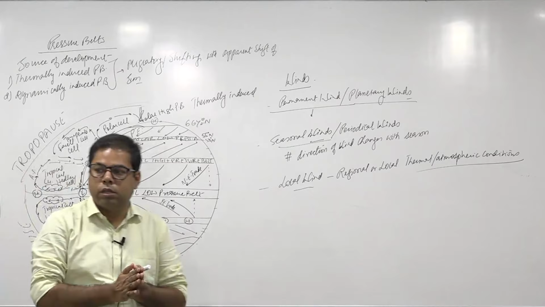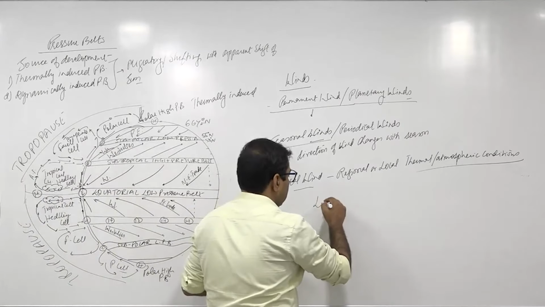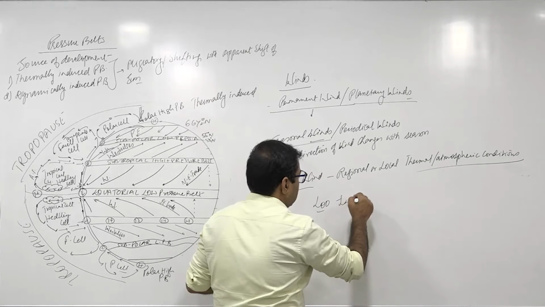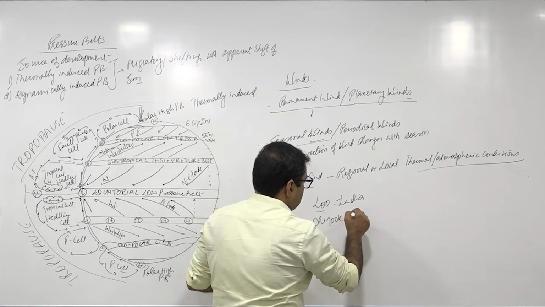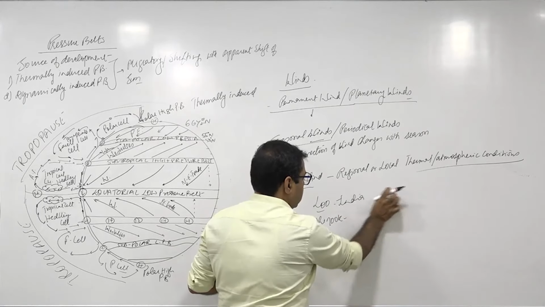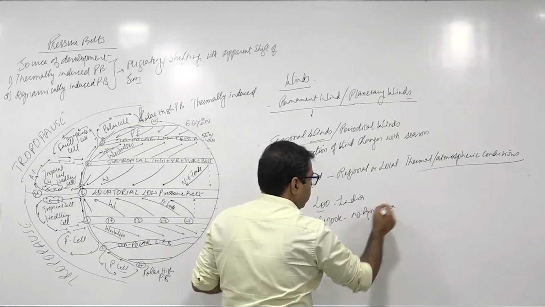Understood? Local winds. The best examples of this are Loo in India, and Chinook in the USA or North America. This Chinook is also called snow eater.